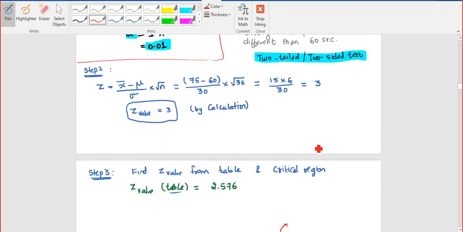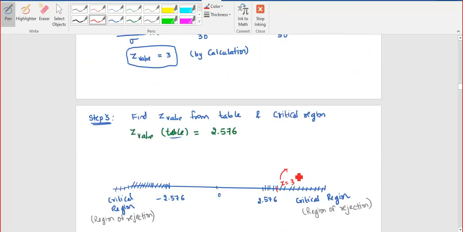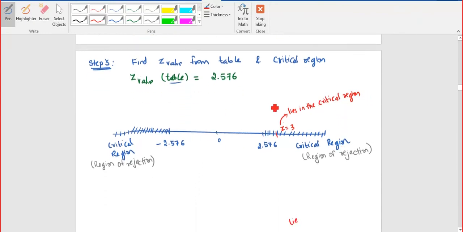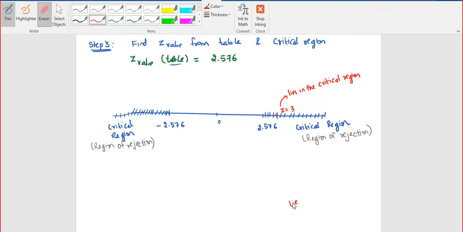If we plot the point z equal to 3, it will be somewhere here. So this value lies in the critical region. Once it lies in the critical region, it means we do not accept the null hypothesis and we accept the alternative hypothesis.